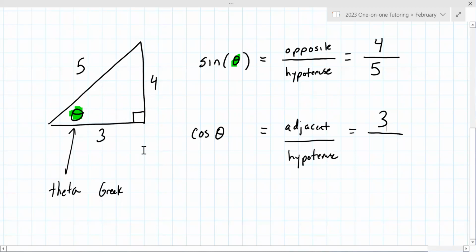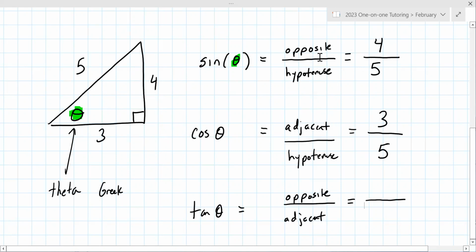What is the hypotenuse? The hypotenuse, that's 5. Very good. Now the tangent of theta is opposite over adjacent. So I want you to look back at the problems we've been doing.